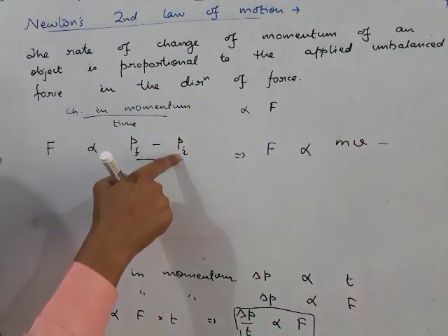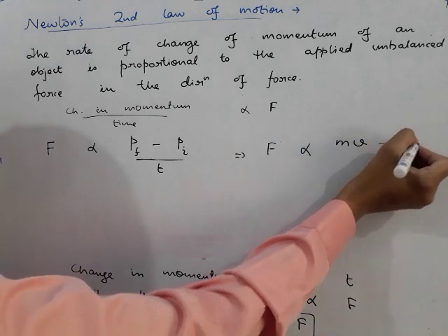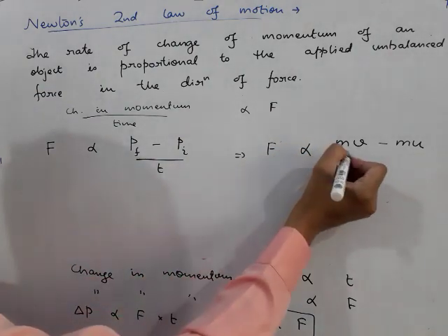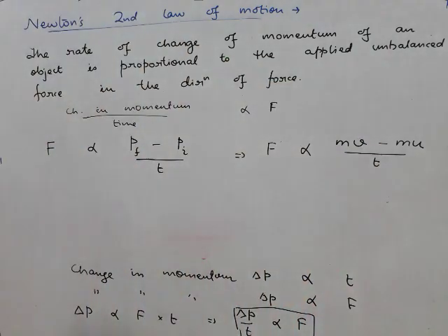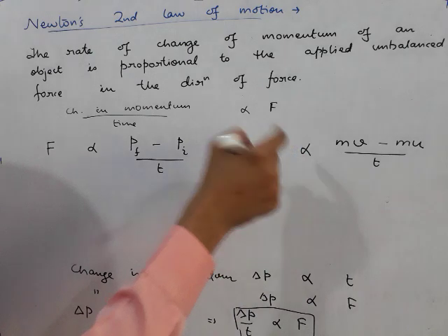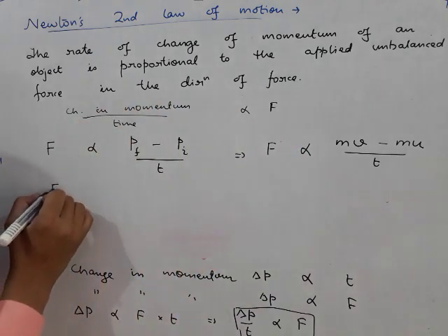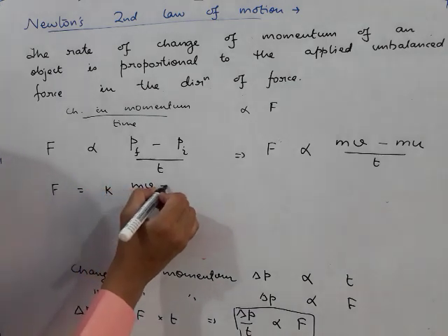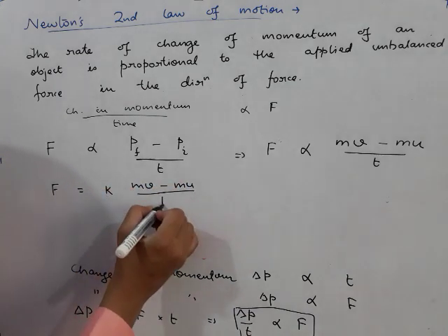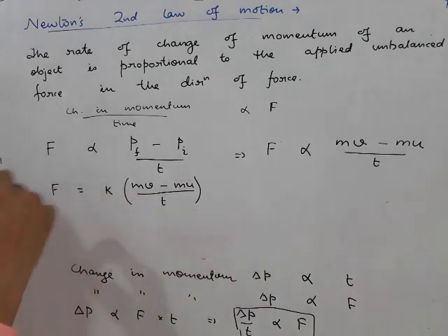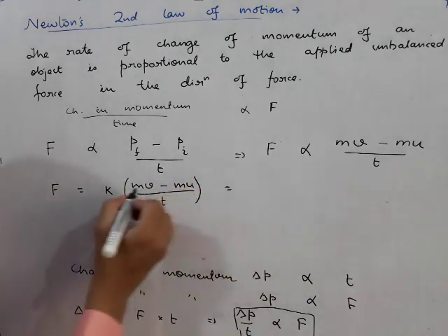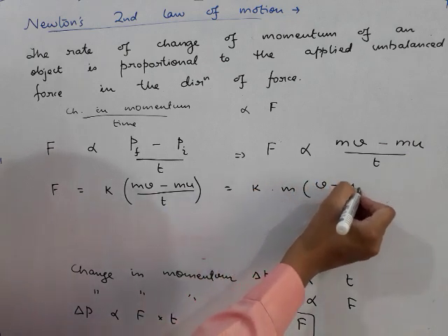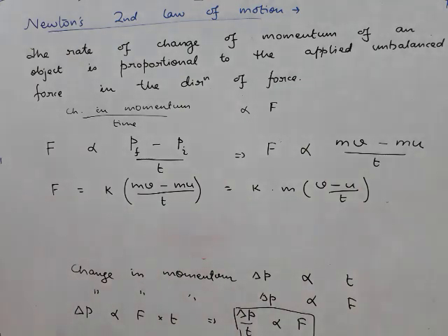Minus Pi is initial momentum, so mass into initial velocity, that is U, and then we will have divided by T. If we remove this proportionality symbol, then we will get F is equal to some constant times mv minus mu upon T, is equal to m, you can take common. So we will be left with v minus u upon T.